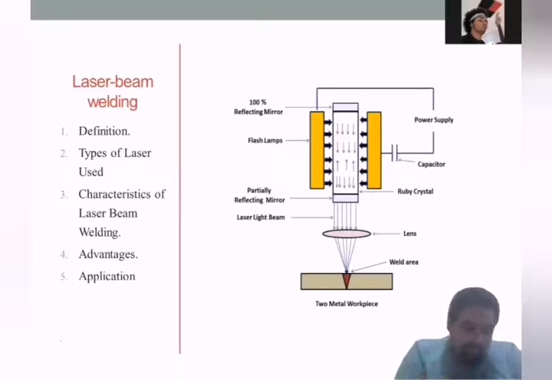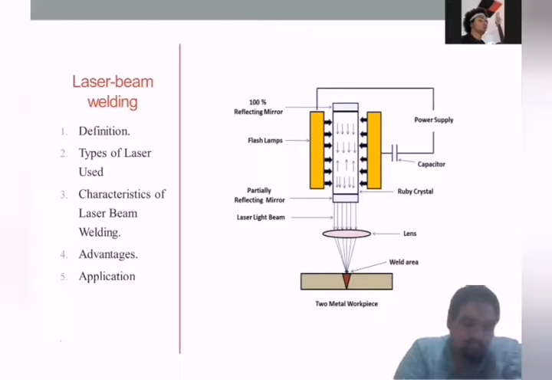The characteristics of laser beam welding: first of all, the rate of heating and cooling is high due to the power density of the laser beam. Second, the operator skill required is minimal. Eventually, we go to the application.